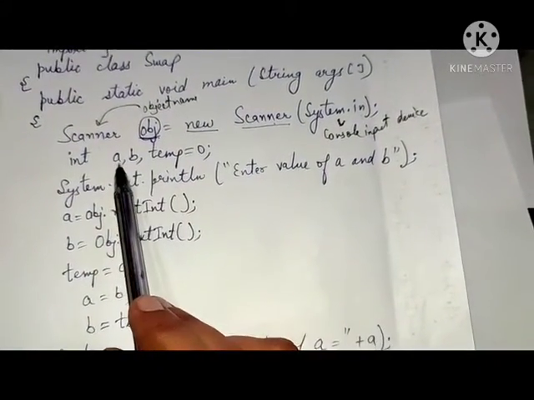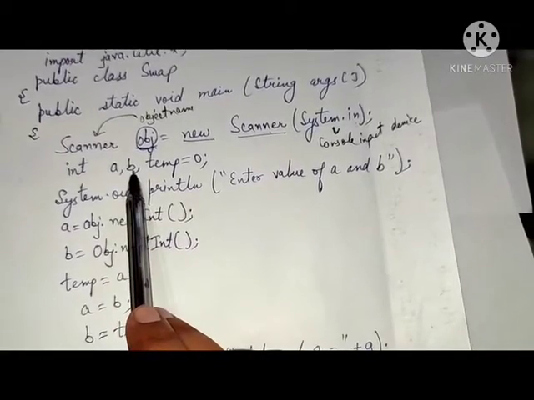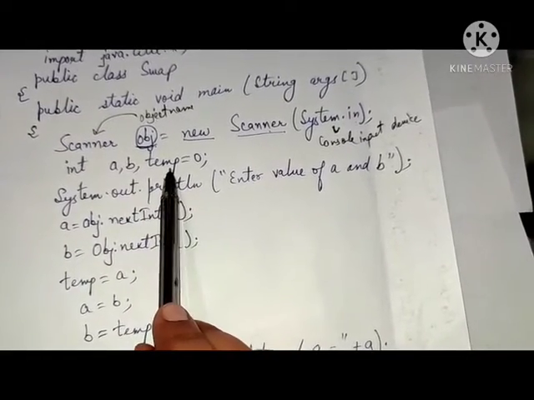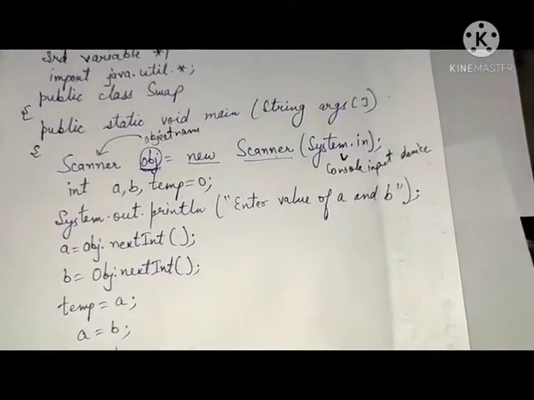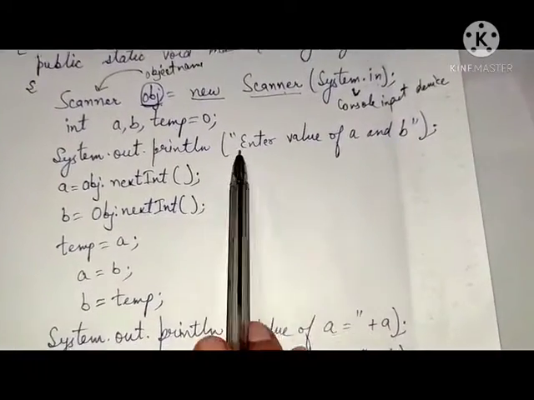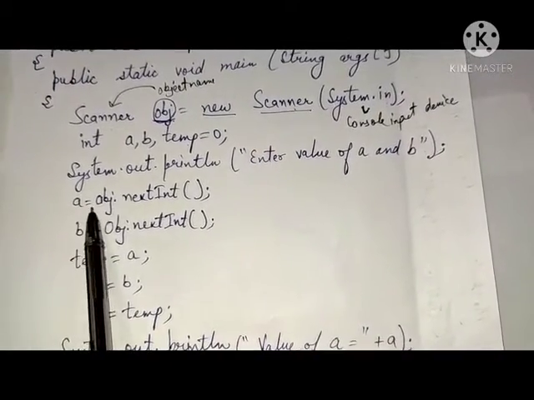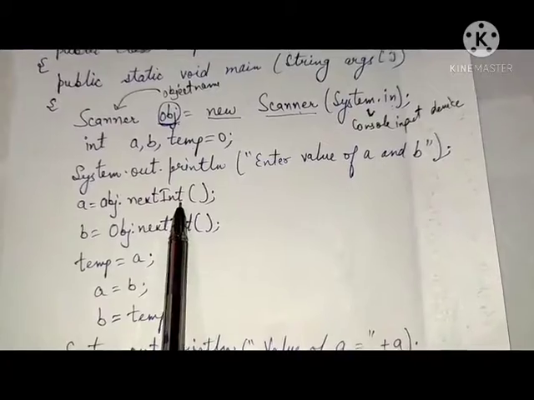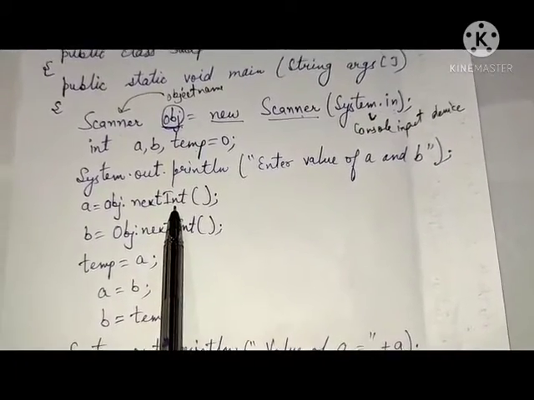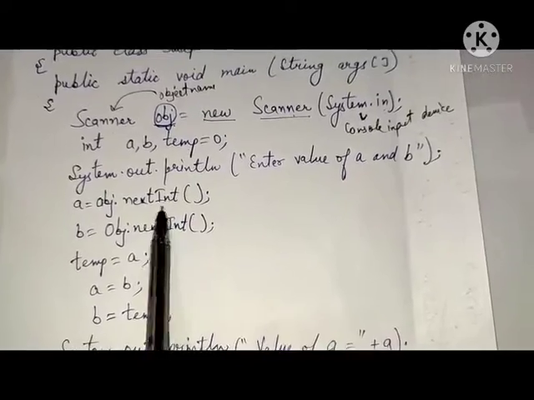Now I want to declare three variables that are used in the program. A, B for two values, and temp is a temporary variable that is used to swap the two values. Now this is the message, enter the value of A and B, and a = obj.nextInt. Here nextInt is the method that is used to receive the next token from the obj object.